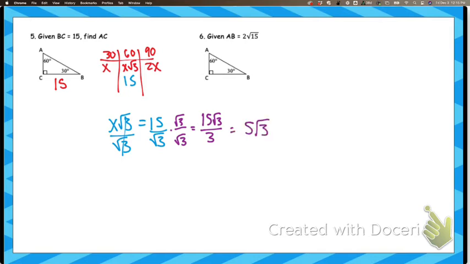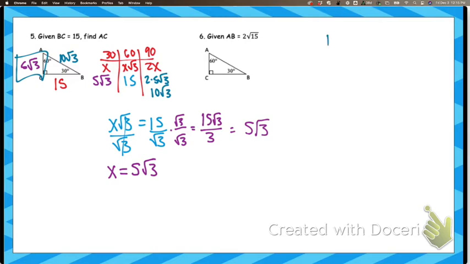So all that work to figure out that x is equal to 5 root 3. That's across from 30. That means that 90 is going to be 2 times x. So 2 times 5 root 3, which is 10 root 3. It wants AC, which is this one.